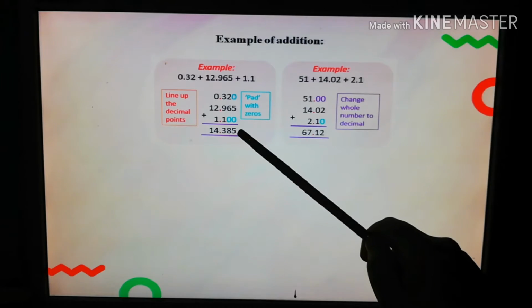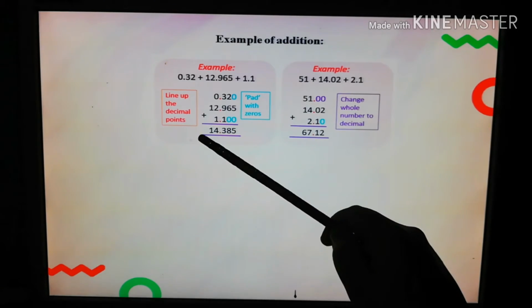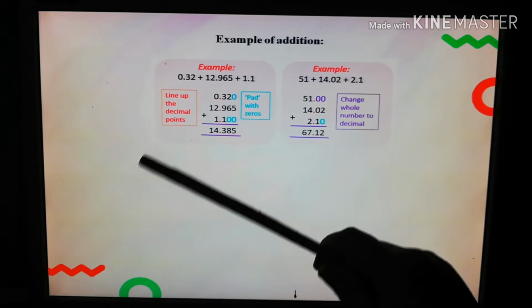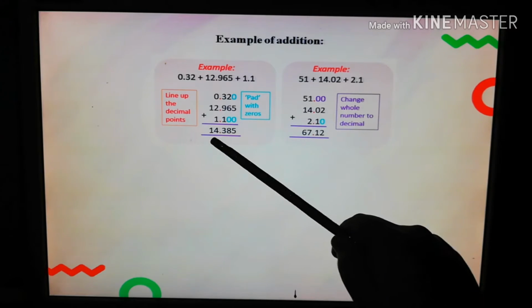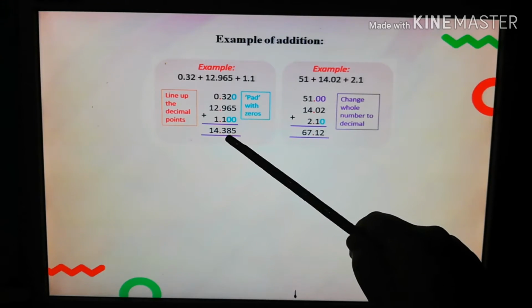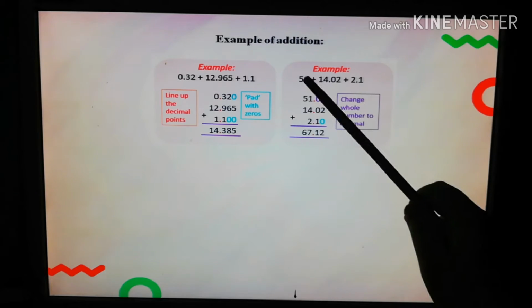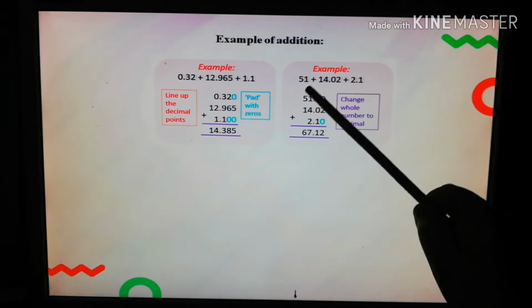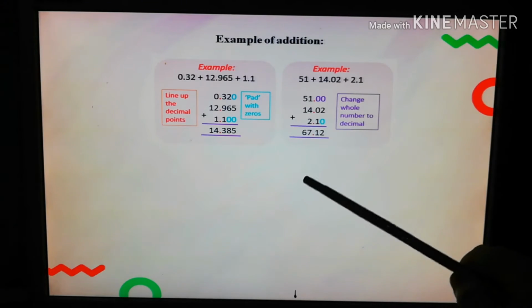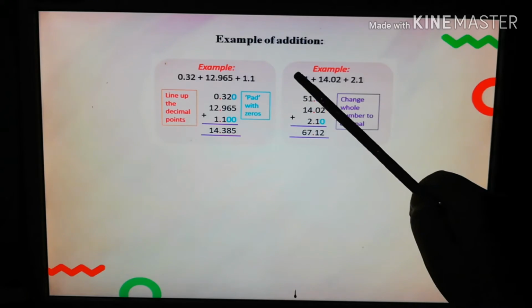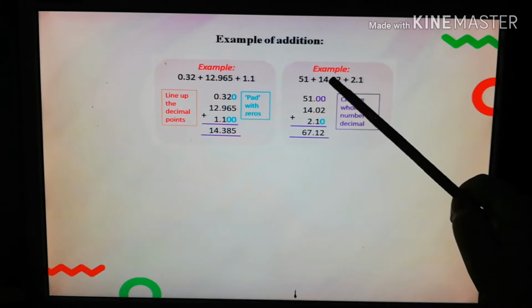Then we add in our normal way and then we get our result. In this case, the result is 14.385.